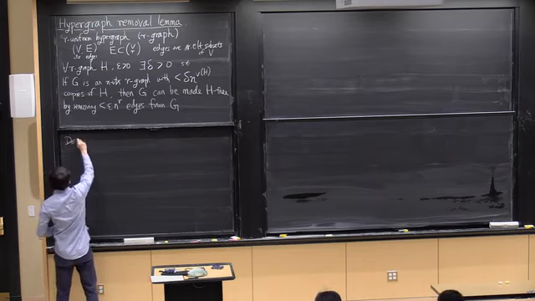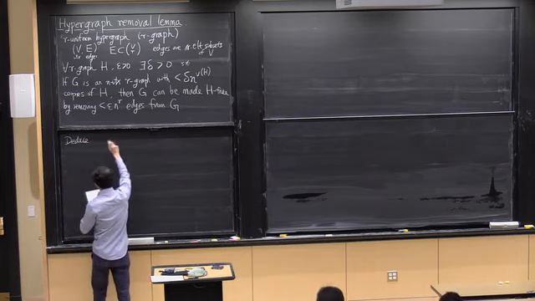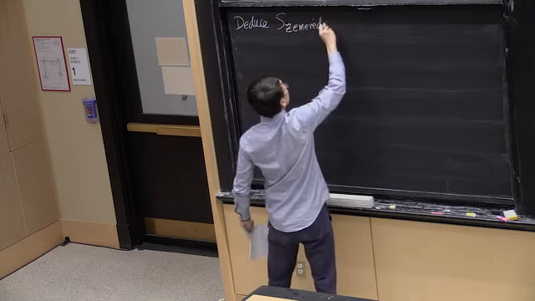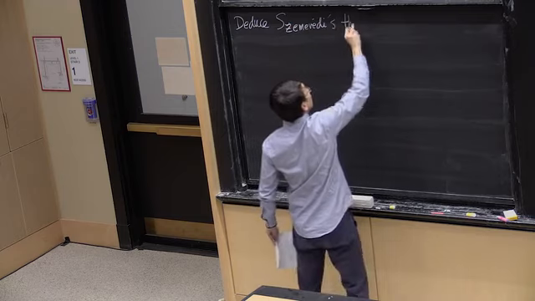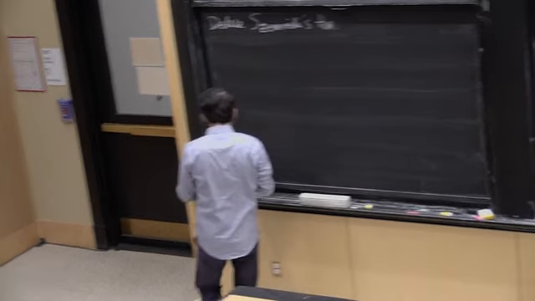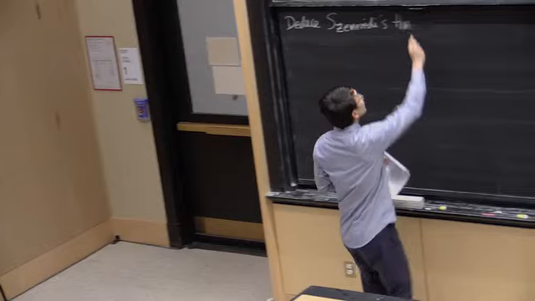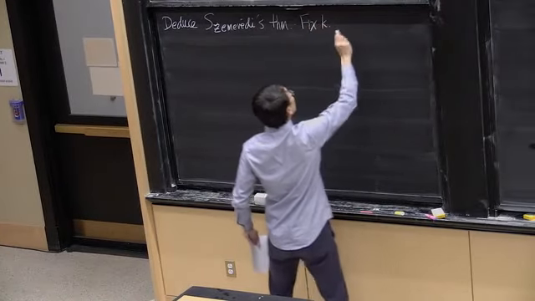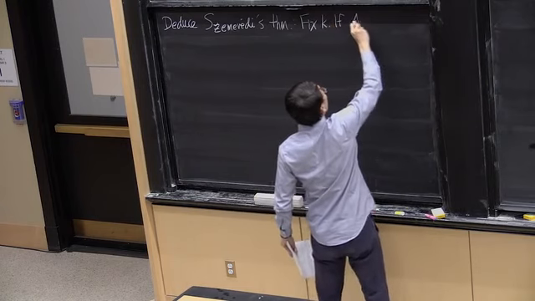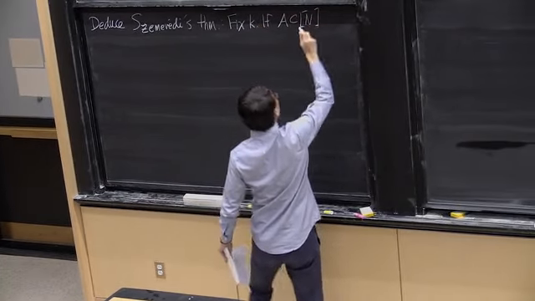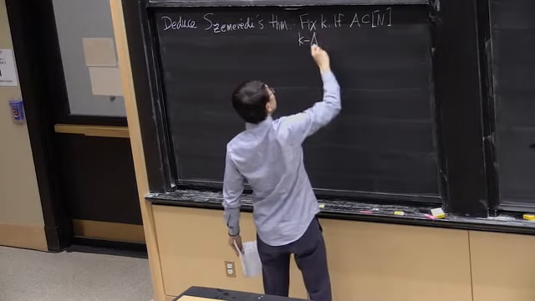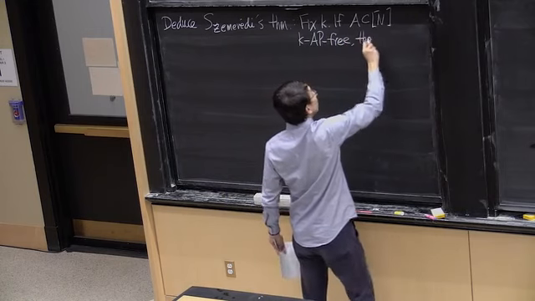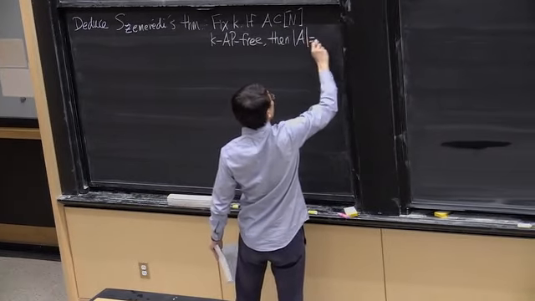So let's deduce Szemerédi's theorem from the hypergraph removal lemma. So recall Szemerédi's theorem says that for every fixed positive integer k, if A is a subset of 1 through n that has no k-term arithmetic progressions, then the size of A is sublinear.